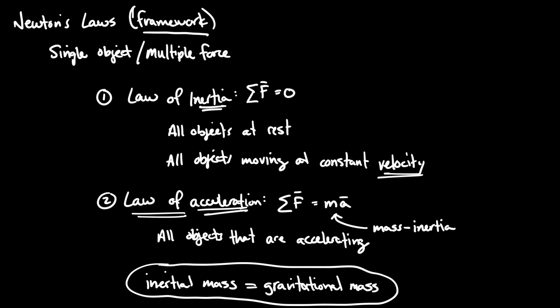All right, so that's the framework. I want to talk about how it works in practice. Newton's law problems are always broken up into two types: first law problems and second law problems. The first thing I would always suggest you do is determine the type of problem you're dealing with. So you'll notice that I will always ask from the beginning of a problem, do we know what type of problem it is?